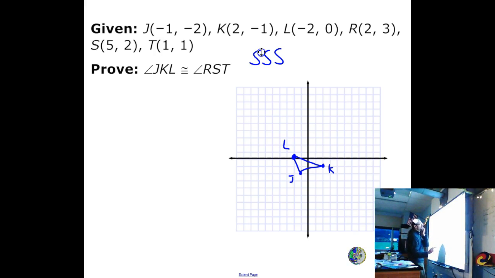All right, now I'm comparing that to R, which is at 2, 3. S, which is at 5, 2: 1, 2, 3, 4, 5, up 2. And T, which is at 1, 1.